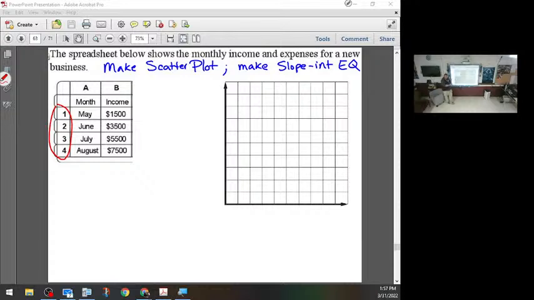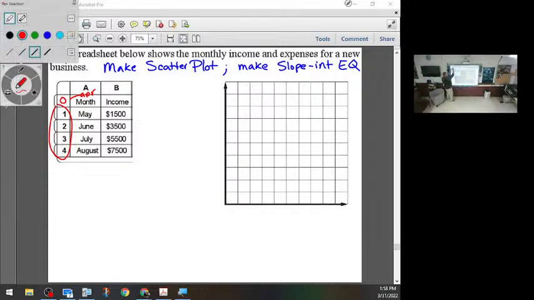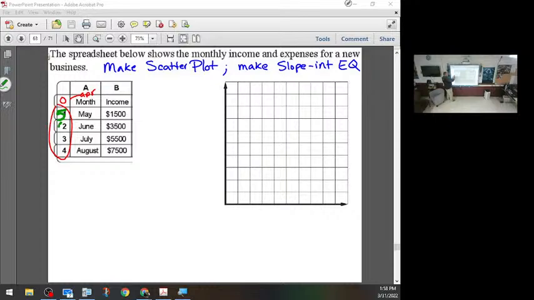It's a new business, right? I could say these numbers, and right before May is April. I could say X is months since April. I could swap these numbers out and instead use 5, 6, 7, 8 and say it's the month of the year. Did anyone use something different than those three?